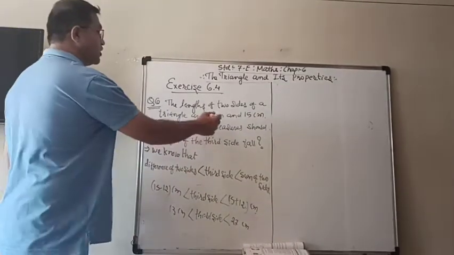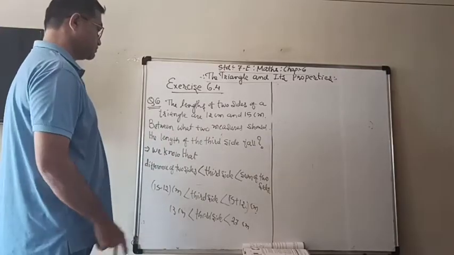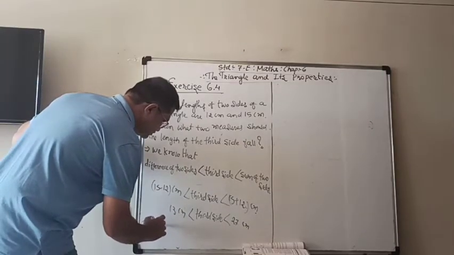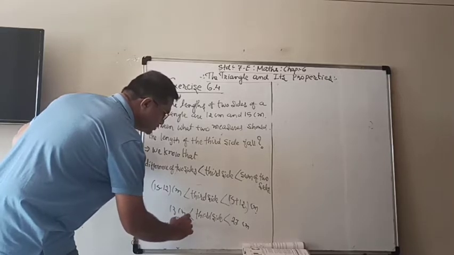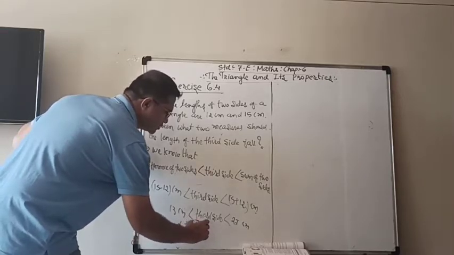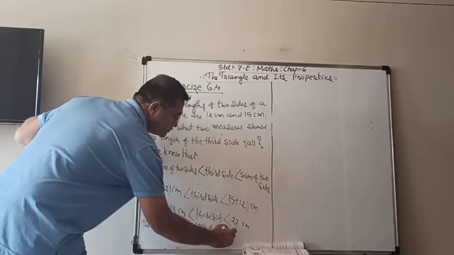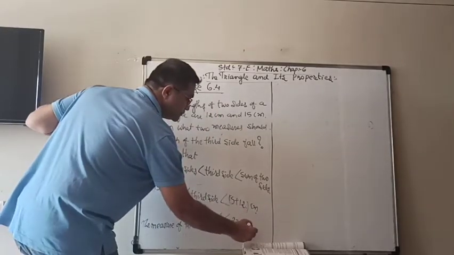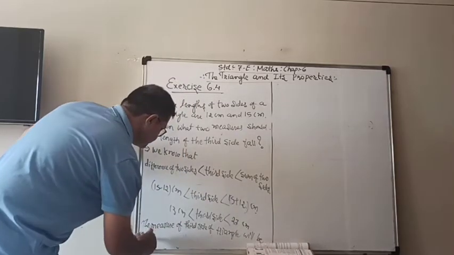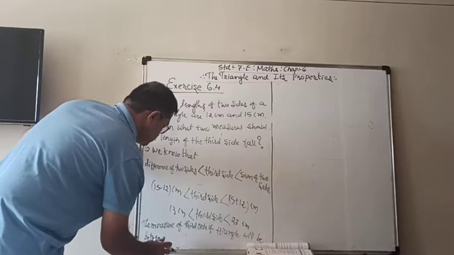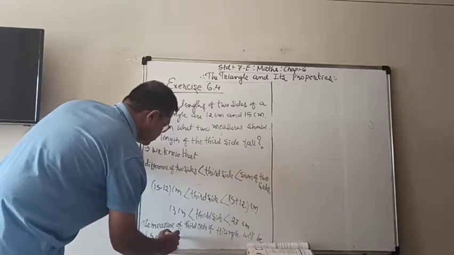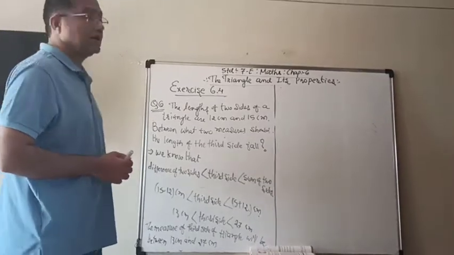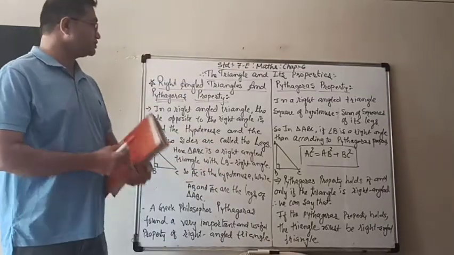Therefore, you can write down that the measure of the third side of the triangle will be between 3 centimeter and 27 centimeter.